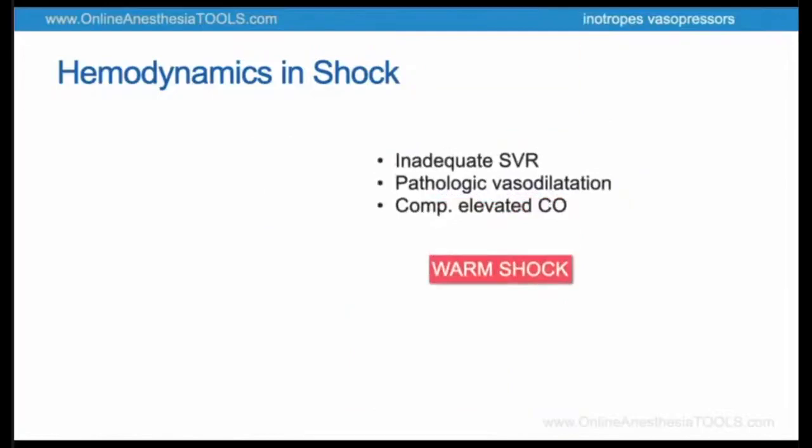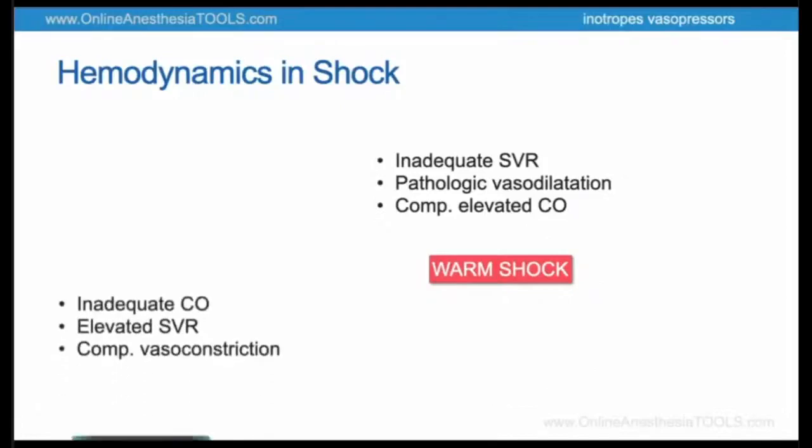When you come across a scenario of inadequate systemic vascular resistance with pathological vasodilation and compensatory elevated cardiac output, we conventionally call it warm shock, as against cold shock with inadequate cardiac output, elevated systemic vascular resistance and compensatory vasoconstriction. This is cold shock.